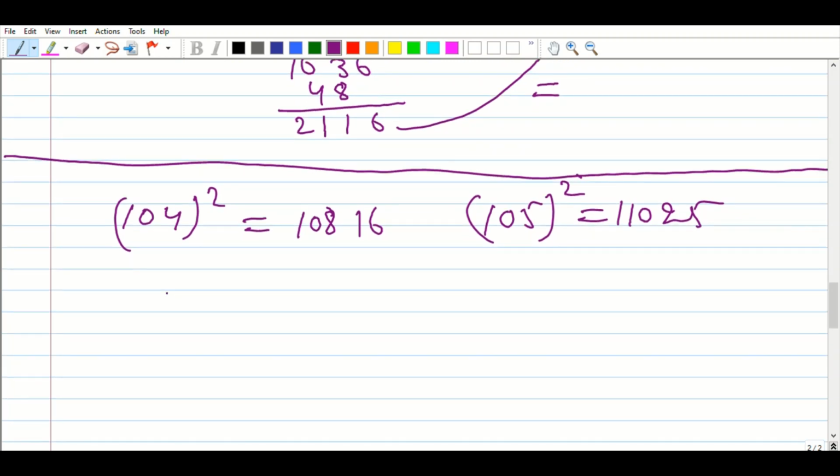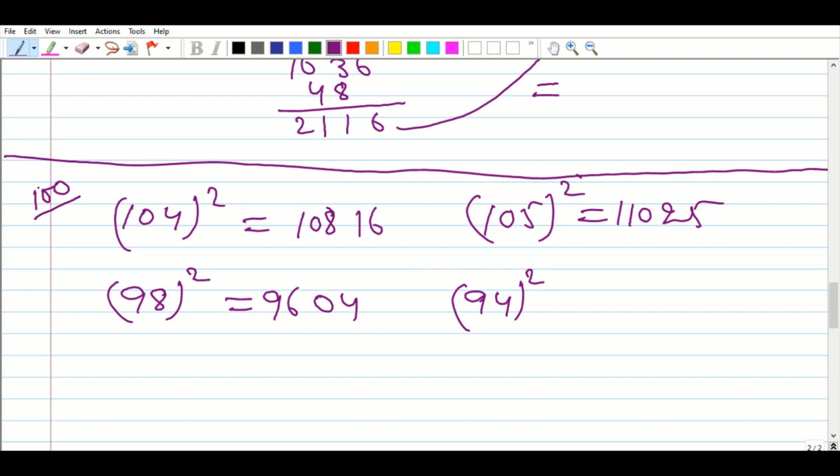Then we will take, sir, 98 square, that is, sir, 96. Sir, we will take 94 square, we are taking base 100. We take base as 100. Our base is 100.